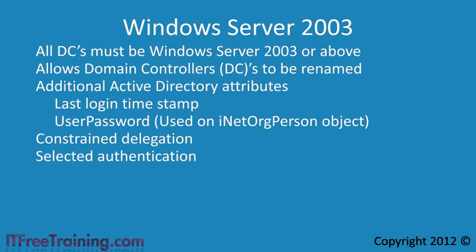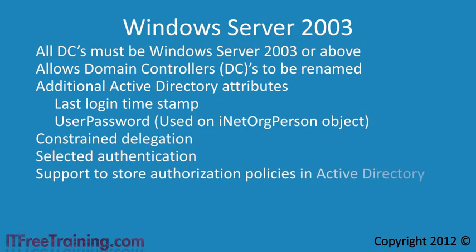The last feature that the Windows Server 2003 domain functional level adds is support to store Authorization Manager policies. Authorization Manager is a flexible framework for integrating access controls into applications. With this domain functional level, you can now store Authorization Manager policies in the Active Directory database.